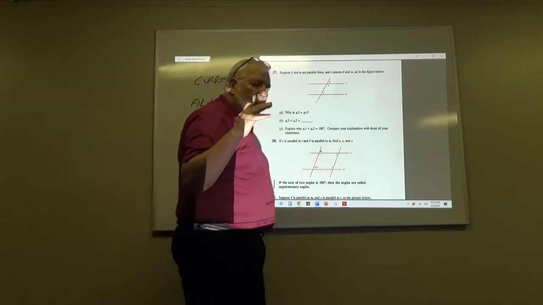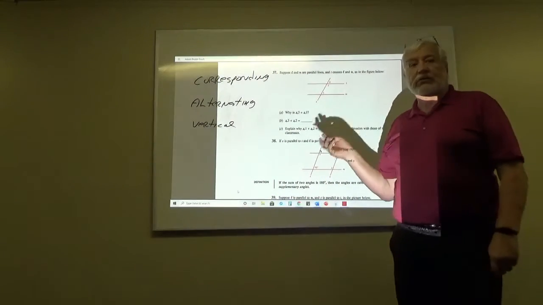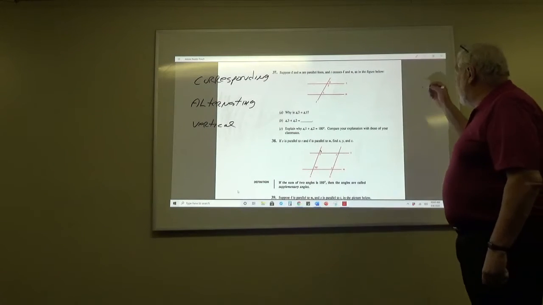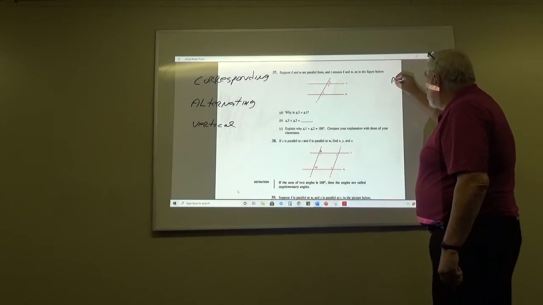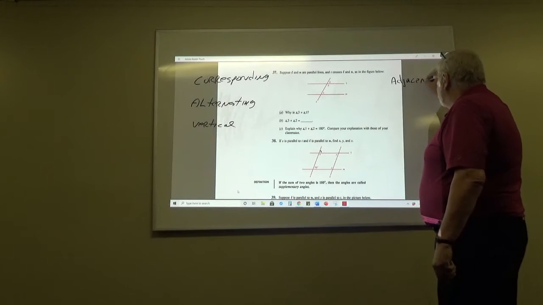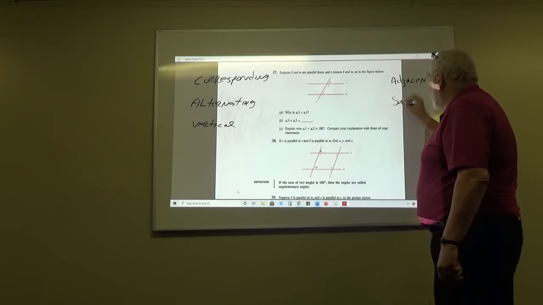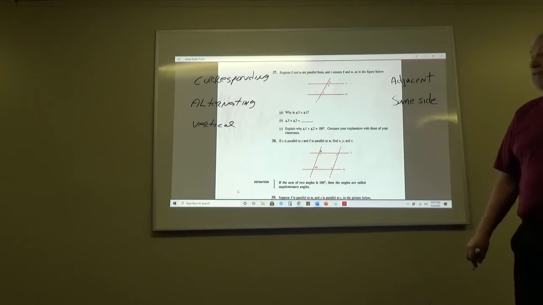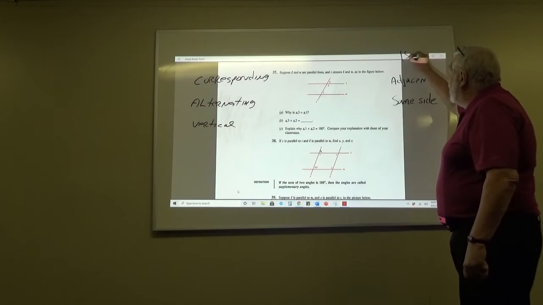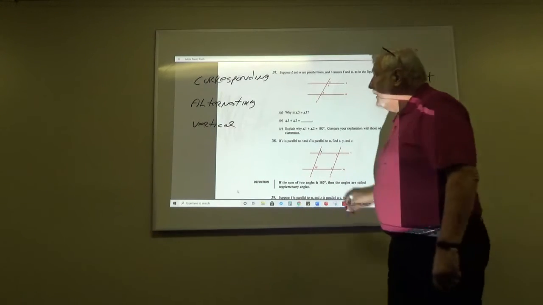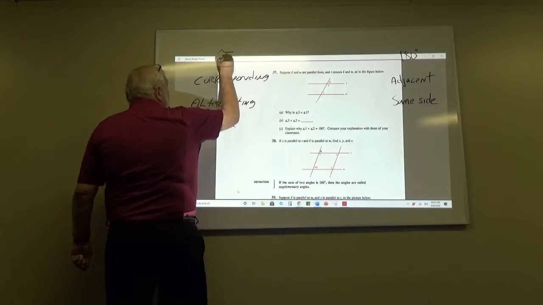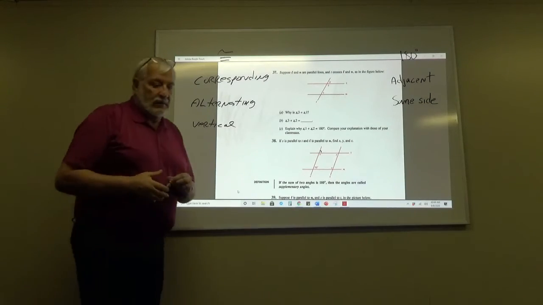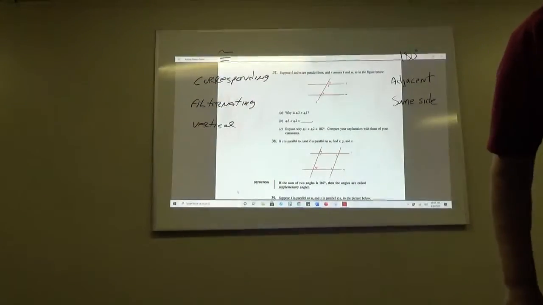I am going to leave off alternating interior and alternating exterior; I'm just going to call them alternating angles. And then on this side, we're going to have adjacent, and same side: same side interior, same side exterior. These are going to equal 180, and these are going to be congruent.